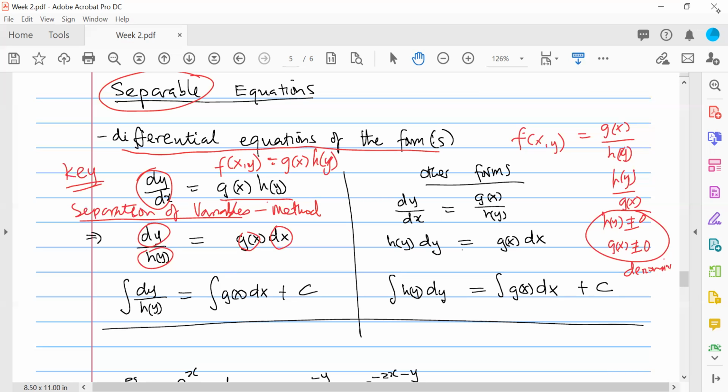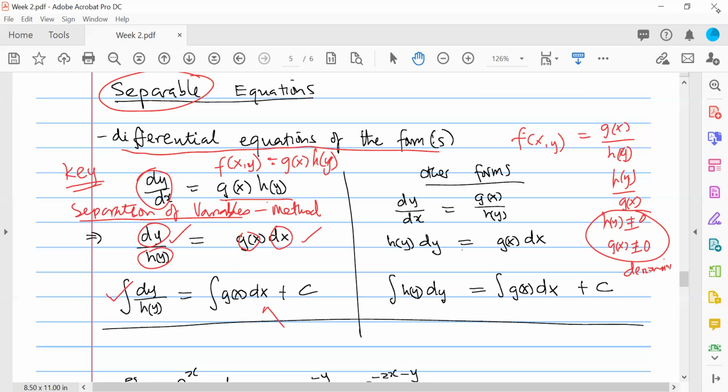So what do you do? Multiply throughout by dx, and divide throughout by h of y. Once you do that, you get something like this, and you know very well that to get a solution from a differential equation, we use the inverse process of differentiation, which is integration. By integrating both sides, we find a solution.